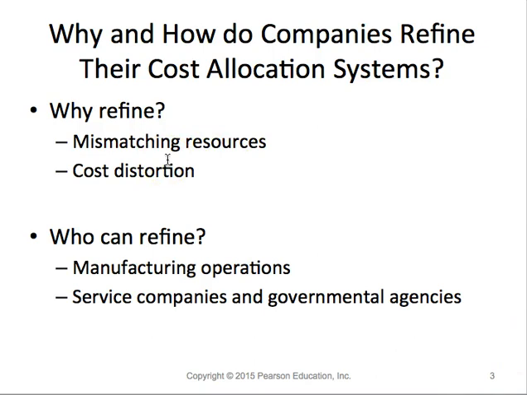We may have multiple costs to look at, and if we use the same rate by calculating the overall manufacturing overhead, the cost may not be as precise as we expect, and that's going to cause something called cost distortion. Manufacturing operations, service companies and governmental agencies are the main bodies we're discussing here that refine their costs.